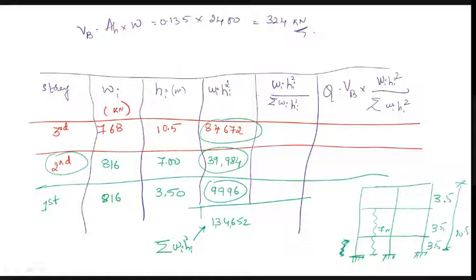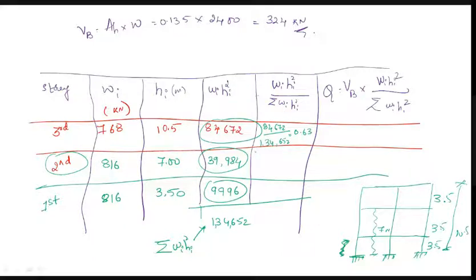In the next tabular column we can see Wi·hi square upon the summation of Wi·hi square. 84,672 divided by the summation 1,34,652 results in 0.63.